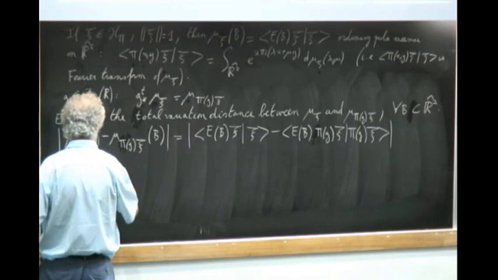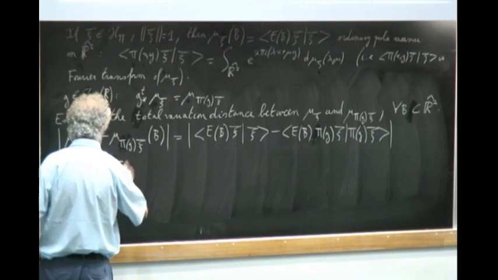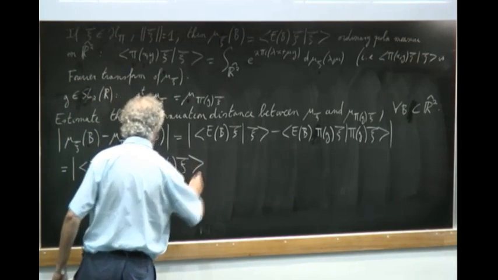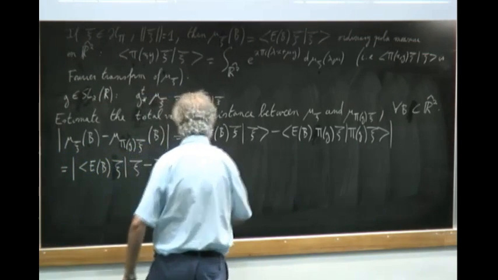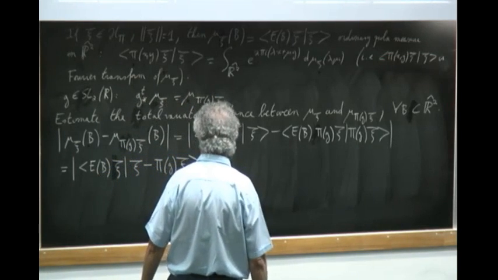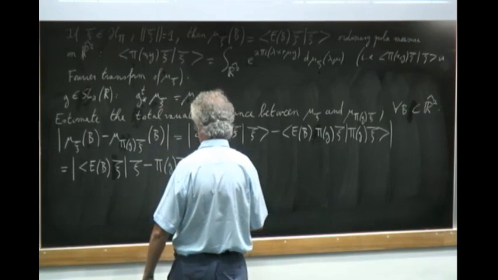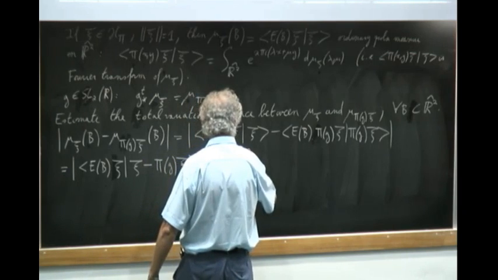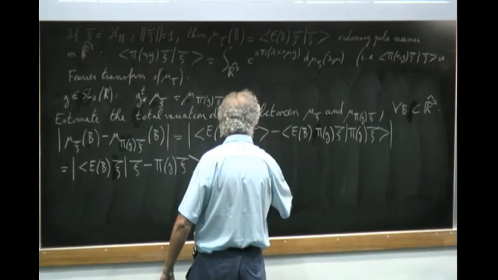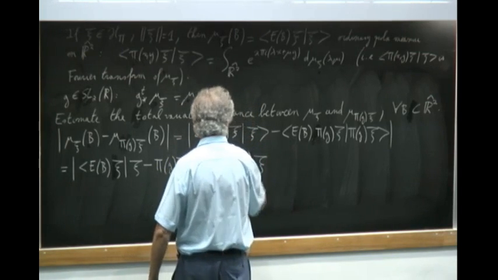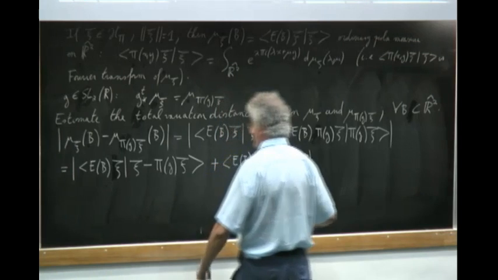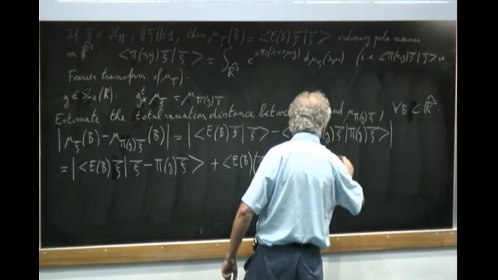This will be E of B psi scalar product with psi minus pi of g psi, plus E of B psi minus pi of g psi scalar product with pi of g psi.